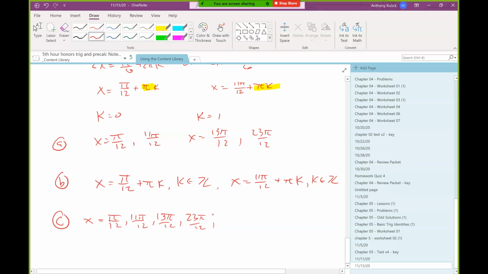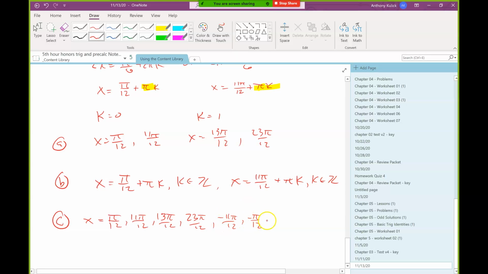Because we still have to worry about the interval from negative 2 pi to 0. So I'm going to subtract pi from the first one. That's going to give me negative 11 pi over 12. And I'll subtract pi from that one. That'll give me negative pi over 12. Both of those are good.